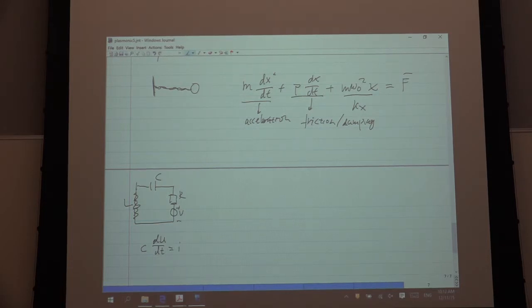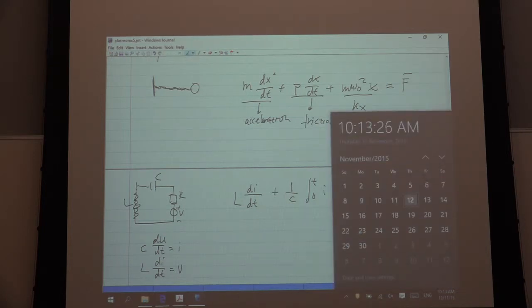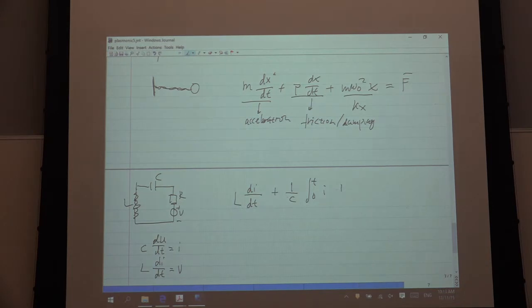And L di/dt equals V. So by the KVL, L di/dt plus u, which is 1 over C times the integral of I, for the capacitance, plus Ri equals V. No problem. This is just KVL.